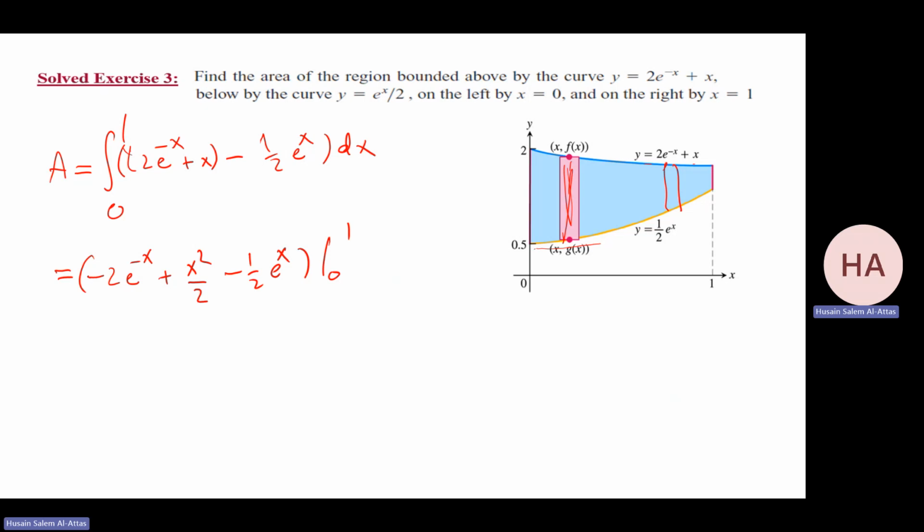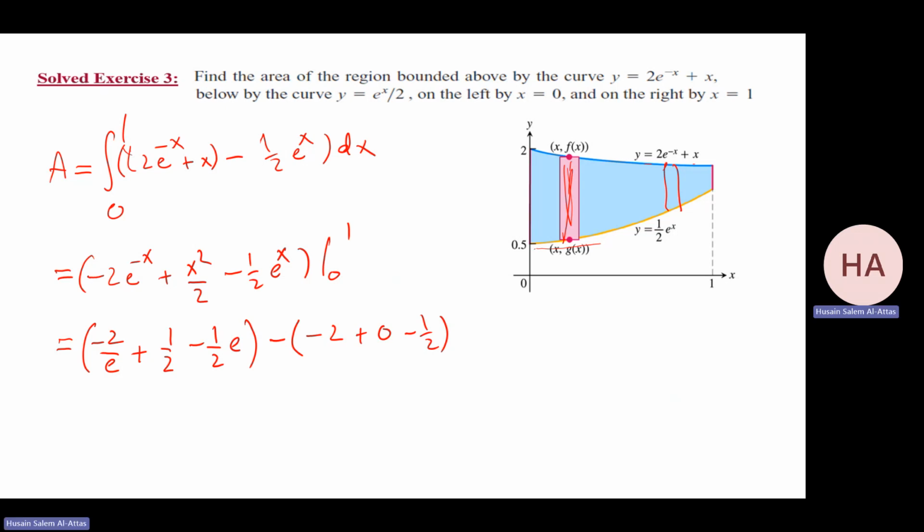That gives me minus 2 over e plus half minus half e, minus e to the power 0, which is 1, so that's minus 2 plus 0 minus half. But e to the power 0 is 1.